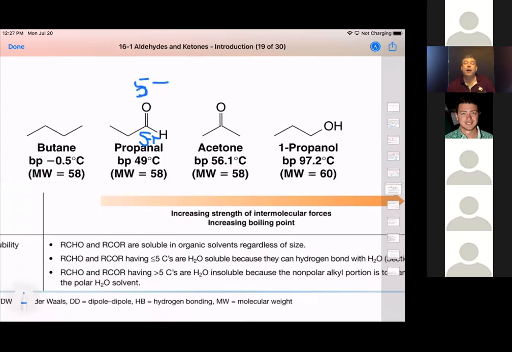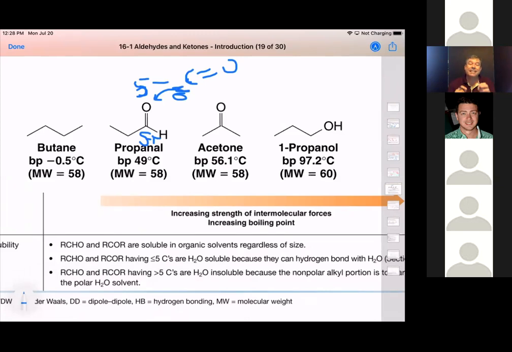We do have what we call a dipole. And that dipole can be attracted to another compound. For example, if there was a carbonyl here, the partially positive side of this carbonyl is attracted to the partially negative side of this oxygen, giving us that dipole-dipole interaction.